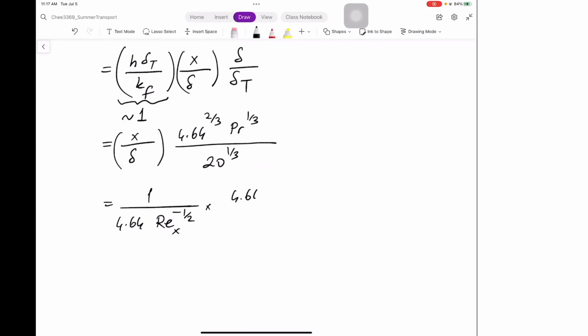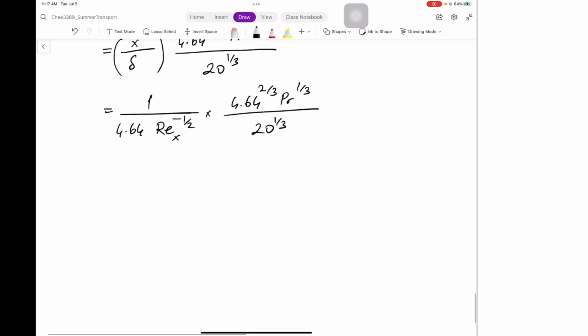Times 4.64 to the power 2 over 3, Prandtl number 1/3, divided by 20 to the 1/3. Right? Okay. So from here we get 4.64 to the power -1/3 divided by 20 to the power 1/3. Reynolds number x to the power 1/2, Prandtl number 1/3.